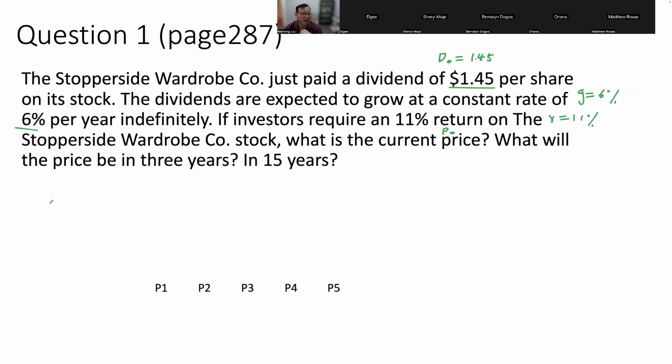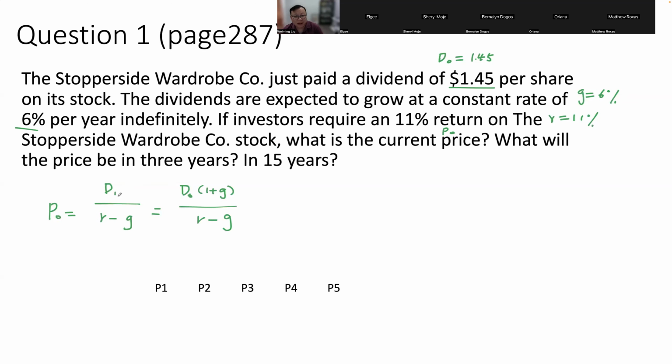So what is P0? P0 equals D1 divided by R minus G. What is D1? D1 equals D0 times 1 plus the growth rate. Is that clear?